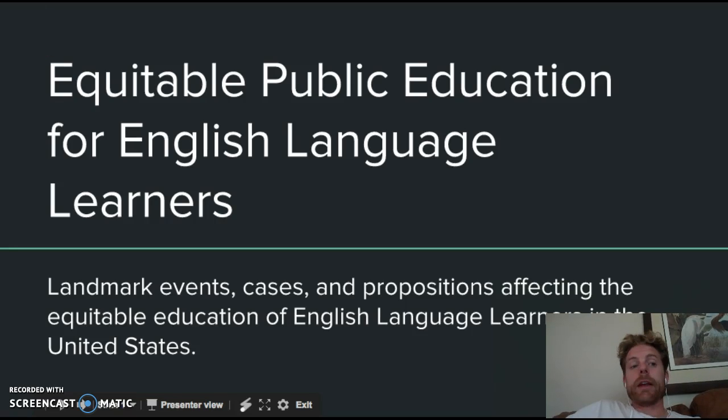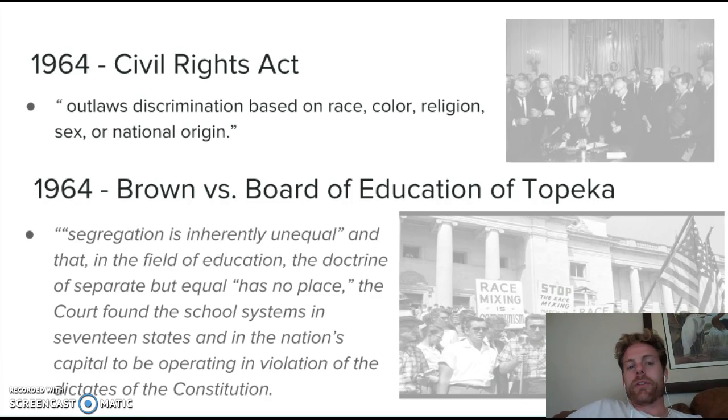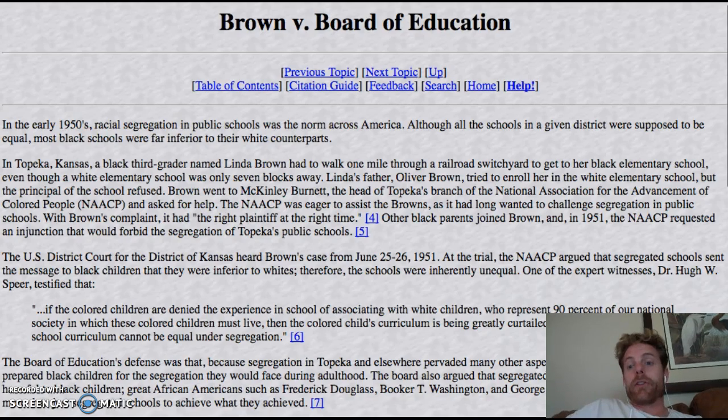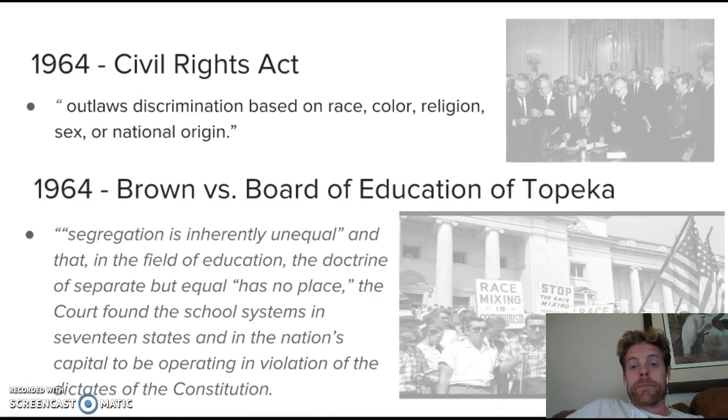So I think anytime you are beginning to analyze the U.S. education system, especially with an equity lens, you kind of have to start in 1964 with two major things. Number one is the Civil Rights Act. So the Civil Rights Act basically says you cannot discriminate based on race, gender, religion, that sort of thing, or national origin.